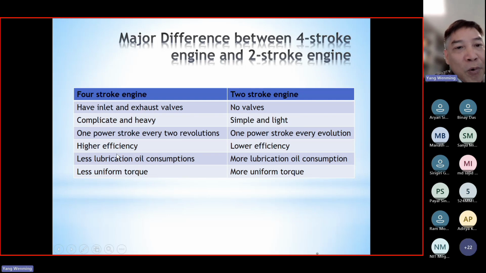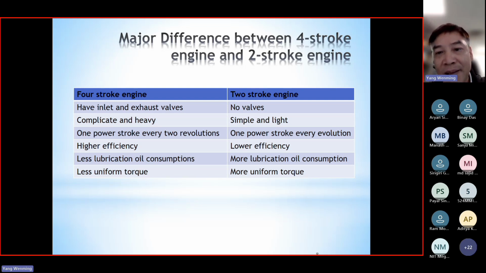Four-stroke engines basically have high efficiency, and two-stroke engines have low efficiency. Also, four-stroke engines consume less lubrication oil than two-stroke engines, because in two-stroke engines the lubrication oil is directly blended with the fuel.